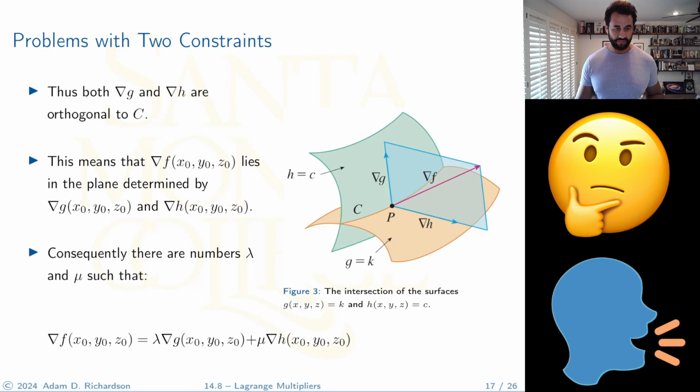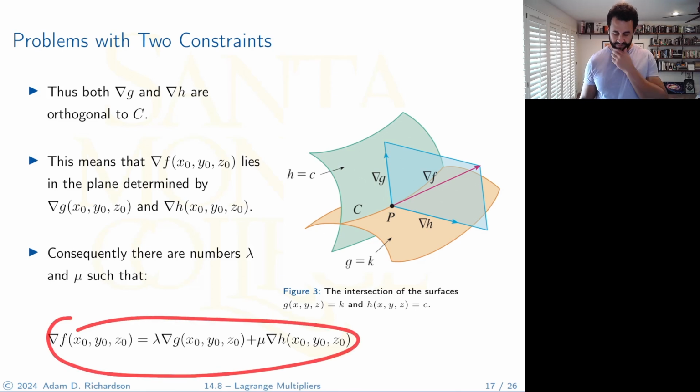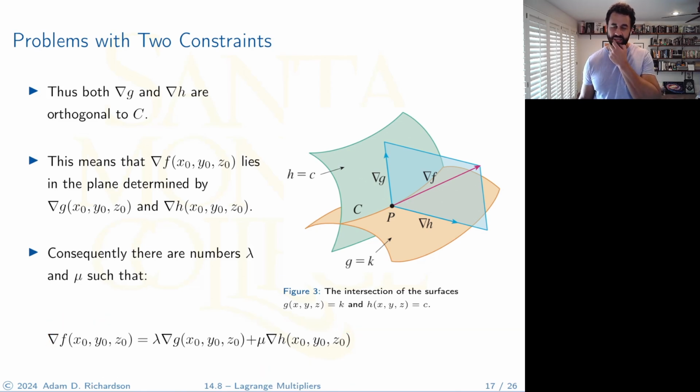Right. Okay. Now let me continue here and let me try to give you a little more intuition for what's going on right here. Because both of these things are orthogonal to the curve C, you can see in this picture right here, and we also know that the gradient of F is orthogonal to C as well.